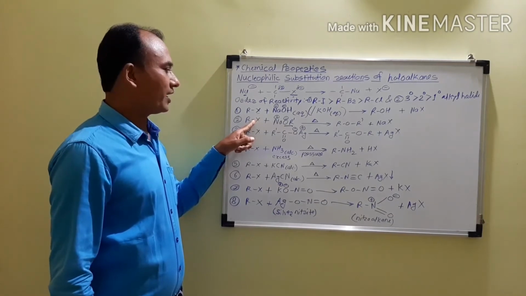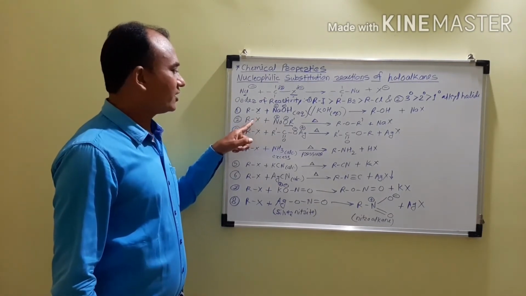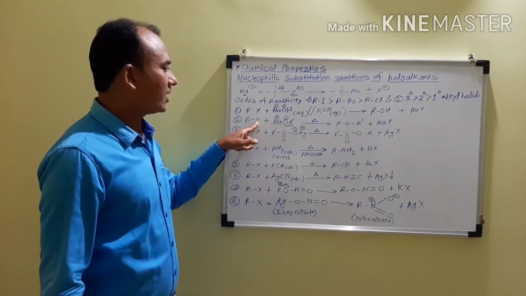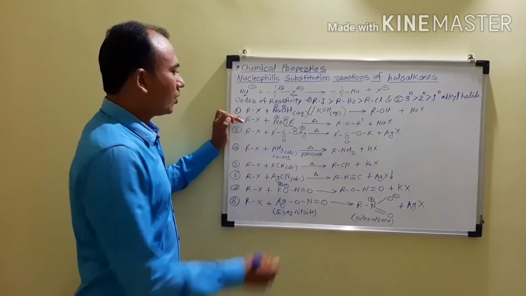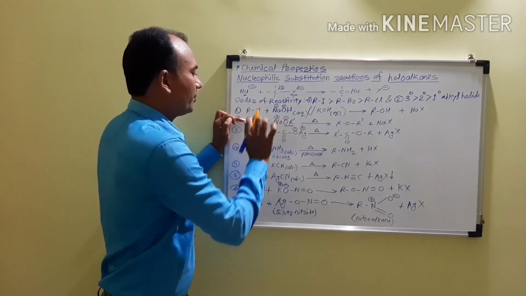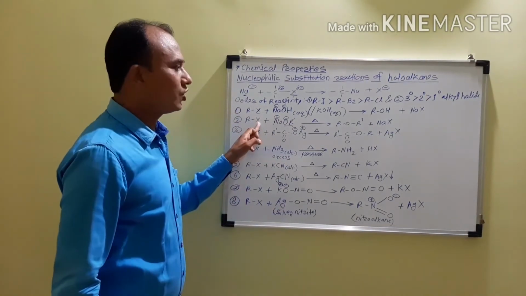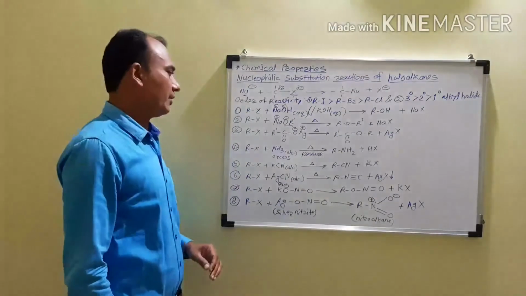Then there is a breaking of the bond between carbon and halogen, and it substitutes the halogen, and we get ROR dash. It means OR dash gets attached to this R, and there is a removal of the halogen to form a salt. So there is a formation of ether. This is the second example.